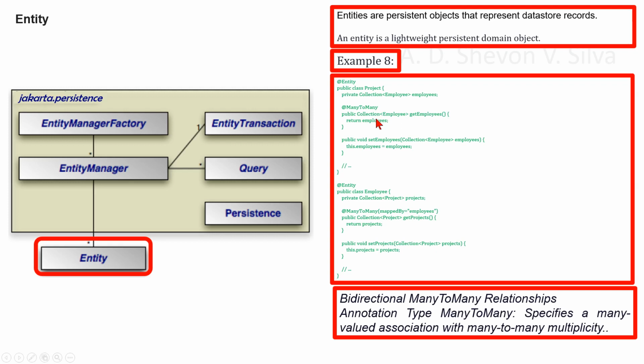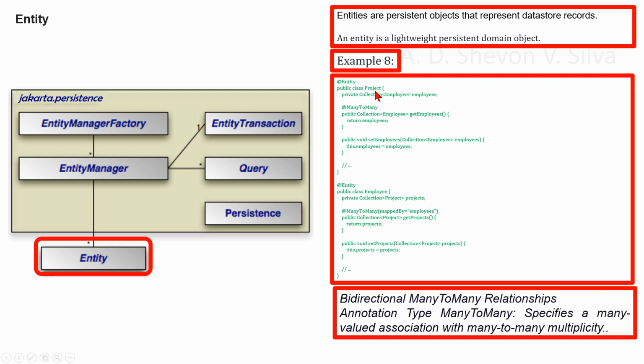Here the entity project references a collection of entity employees. The entity employee references a collection of entity project. The entity project is the owner of the relationship.